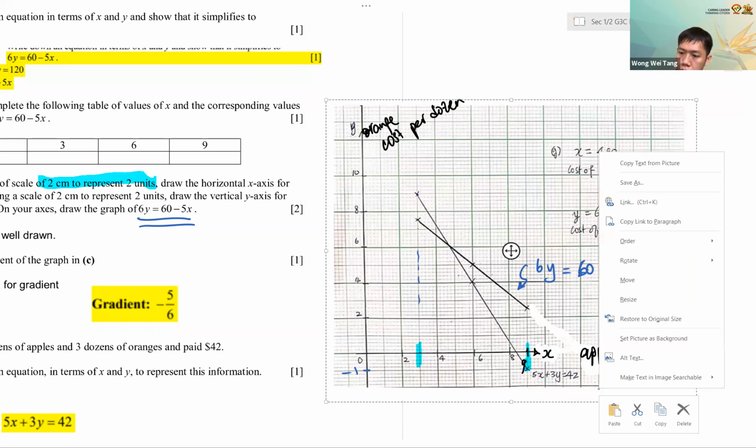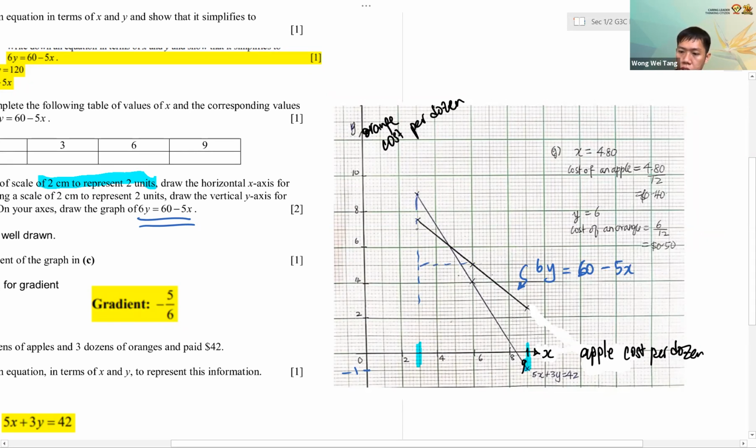For example, okay, I think these 2 points are more convenient. This point as well as this point. Okay, so find the rise over the run. Let's rise from here, rise up, then you run to the left. So we are expecting the gradient to be negative. It is also obvious because it is sloping downwards.